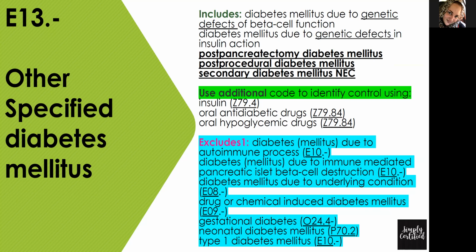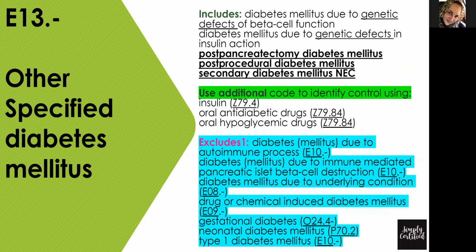And I have some really cool examples of this code and its different uses later, and how sometimes the same condition can code to a different diabetes category. It's wild. All right, so here we have different instructions. It tells us what it includes because, like I said, this code is a bucket and they just threw a bunch of stuff in it.